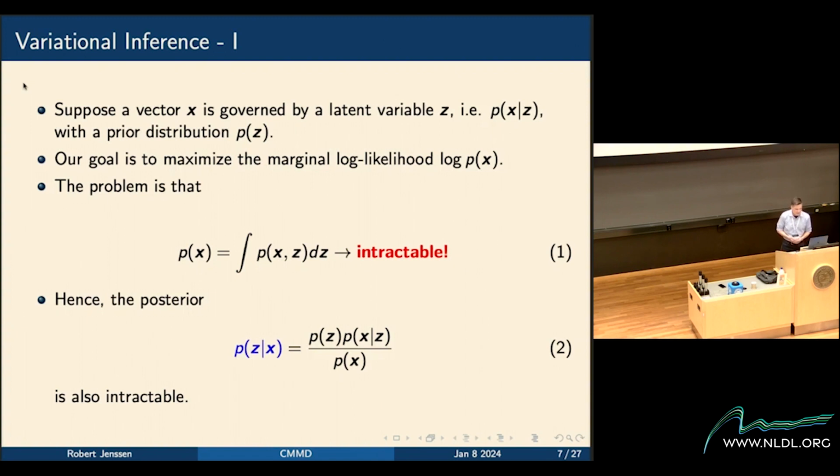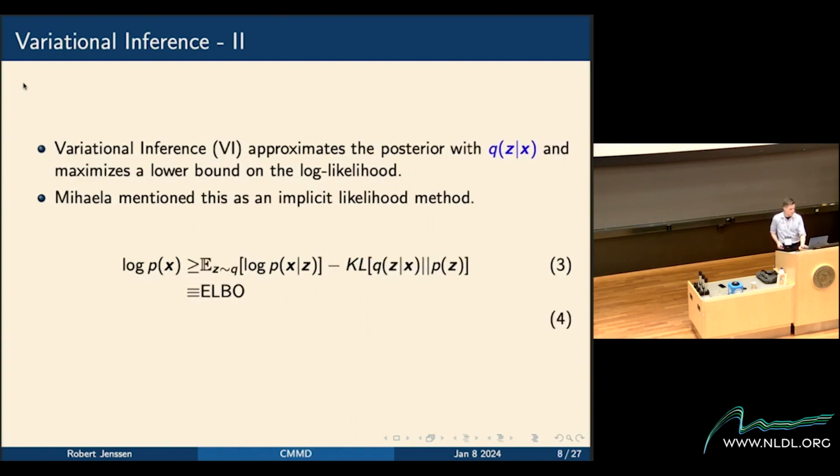So that means that if we have x, we want to go to z, that also becomes intractable. We need to do something else. So what we basically then think, so now we have colored here, p distribution z given x, is because it's important. In variational inference, what we would do is, we're interested in p of z given x.